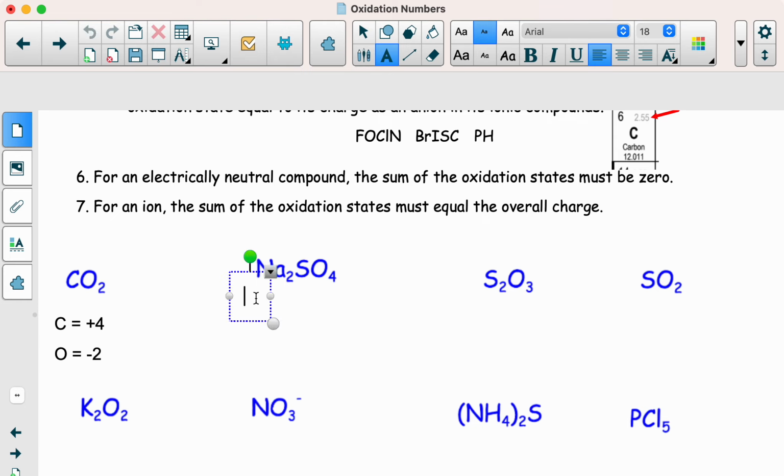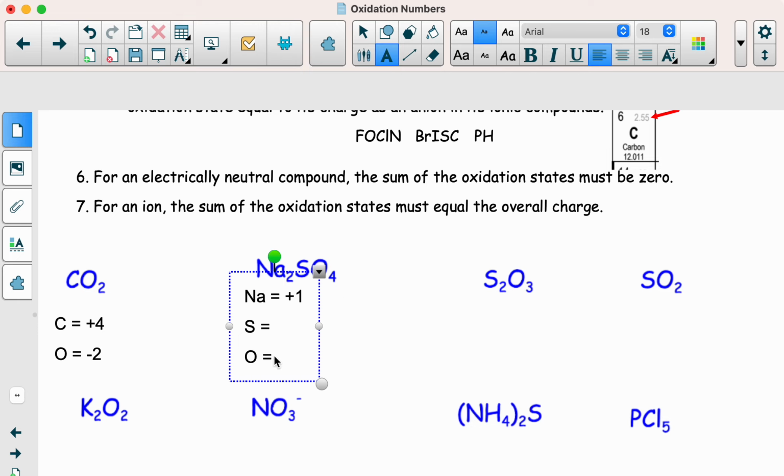If we look at something like sodium sulfate, the first rule we come to says that if something is an ion, its oxidation number is the same as its charge. Since sodium sulfate is an ionic compound and sodium is a +1 ion, we start by assigning sodium to be +1.